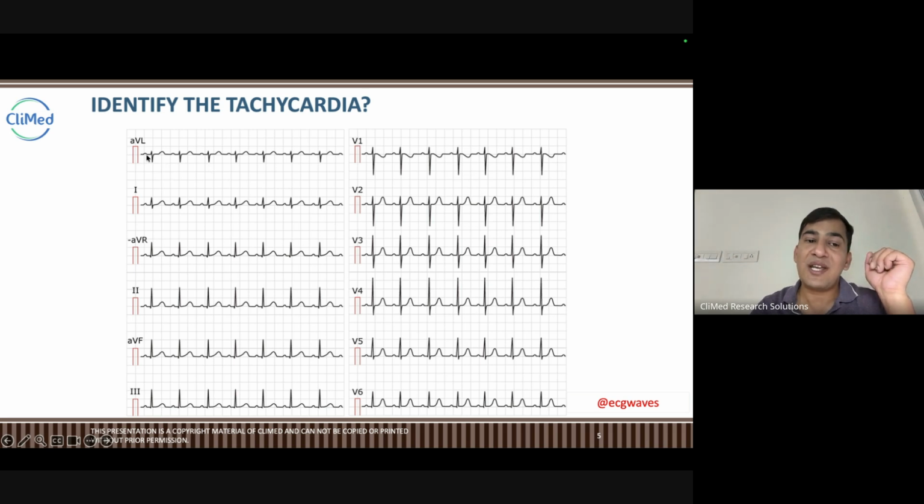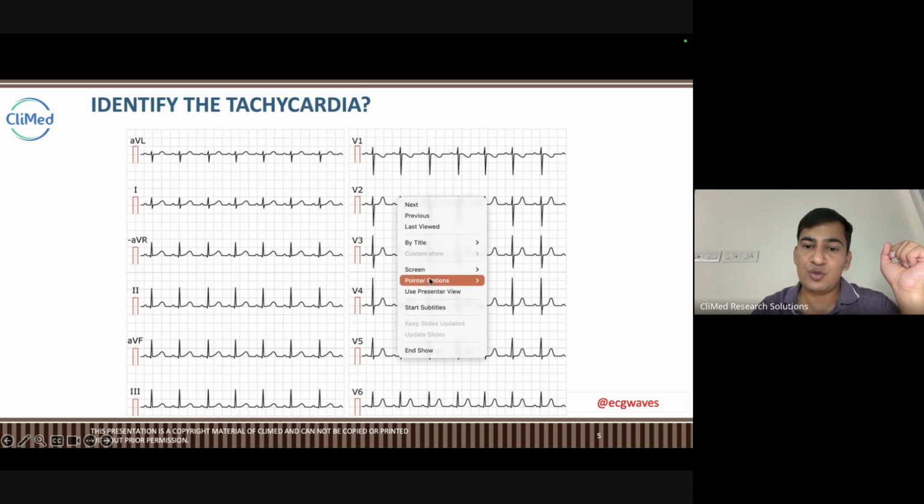But the baseline, remember, is constant. It is not going up and down, it is straight. Everywhere, if you see, this is straight, the whole line from here to the end.